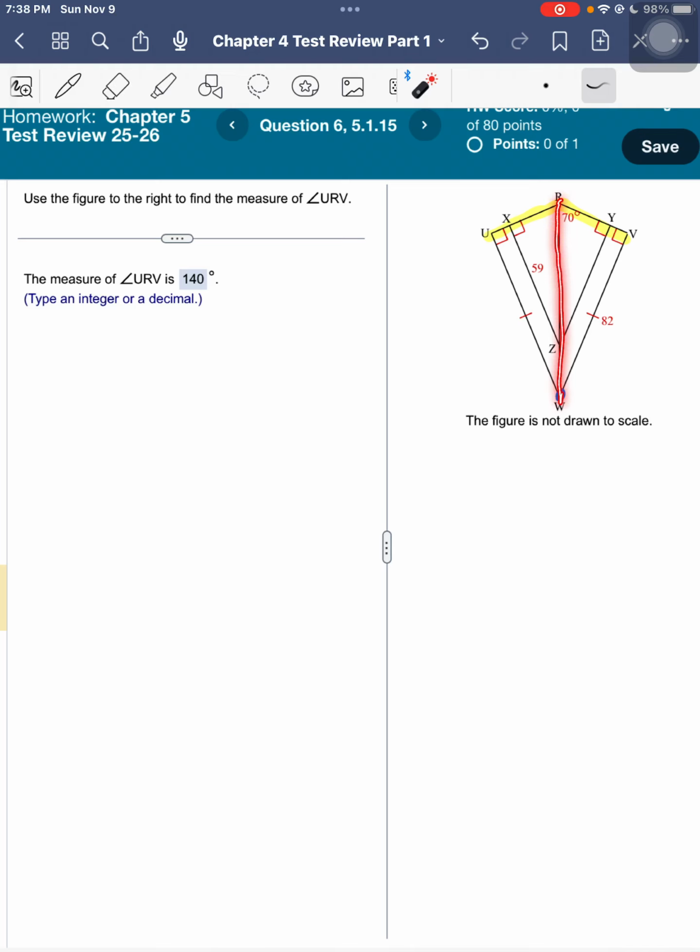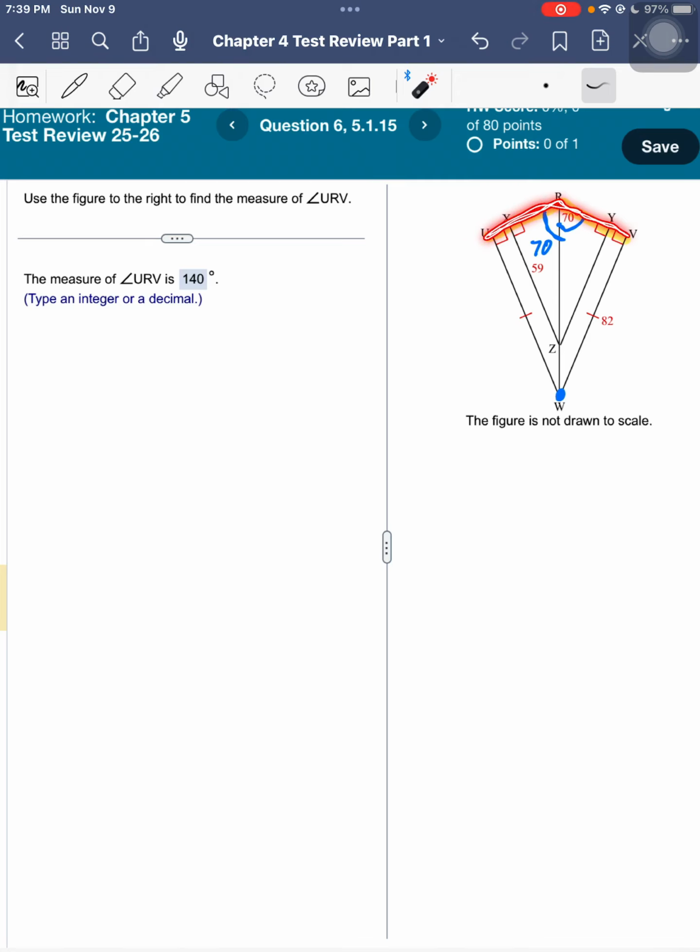This RW or RZ is supposed to be counting as the angle bisector, but it doesn't look like it because we don't have a ray. So I don't really like this question, but the whole point is that if this little piece is 70, that means that this little piece is also going to be 70 degrees. So now they're asking what is the length of angle URV?